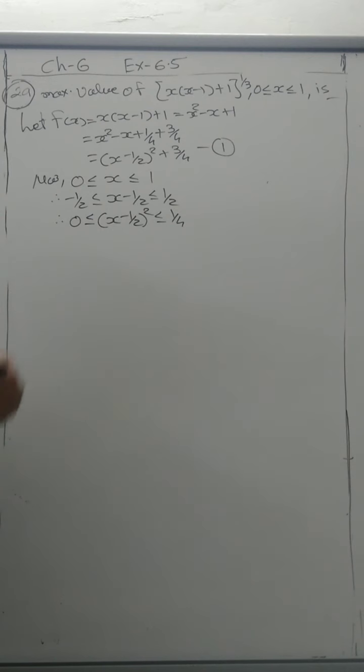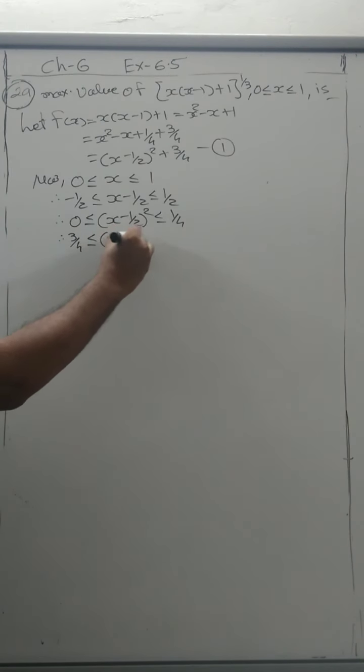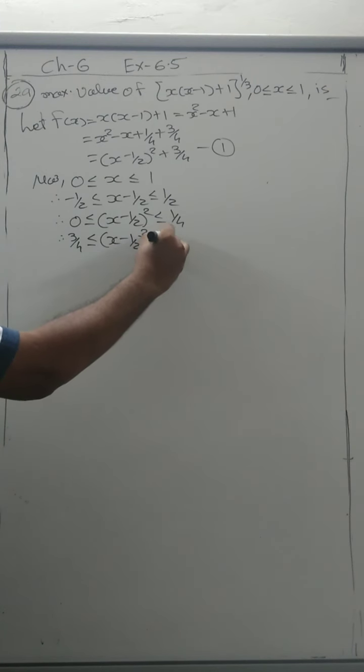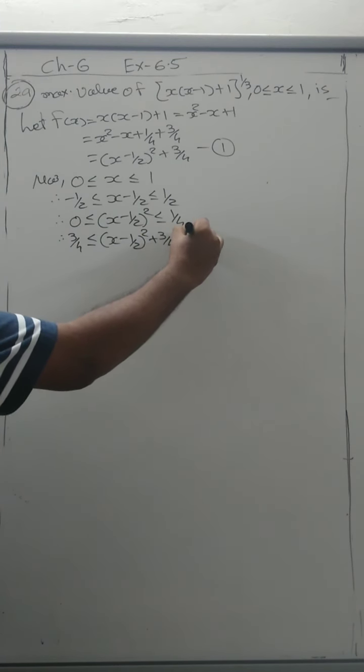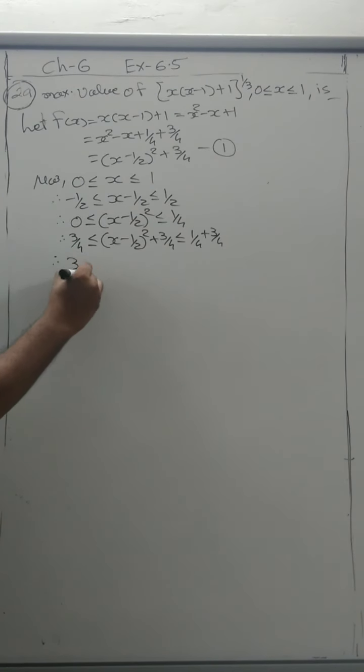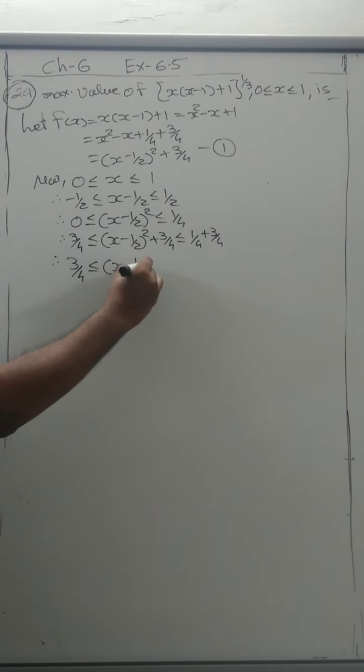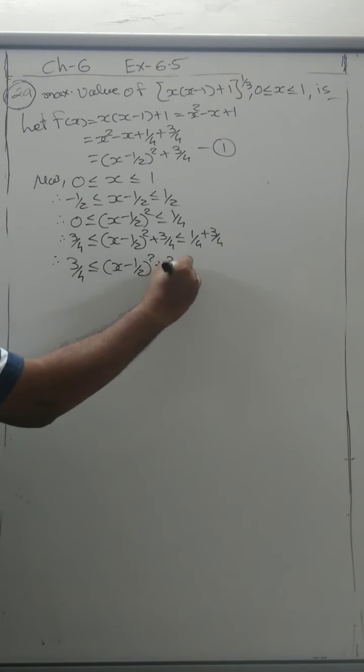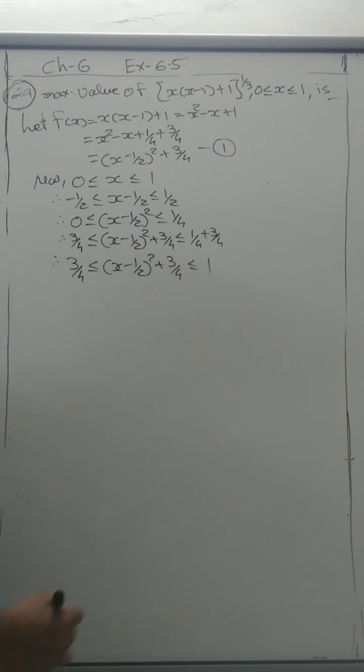Then adding 3/4 on all sides, 3/4 ≤ (x - 1/2)² + 3/4 ≤ 1/4 + 3/4, which is 1. So 3/4 ≤ (x - 1/2)² + 3/4 ≤ 1, right?